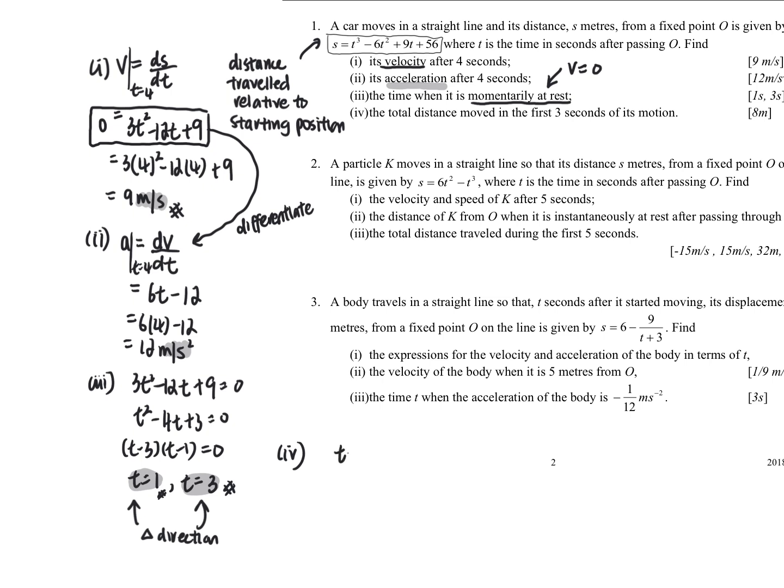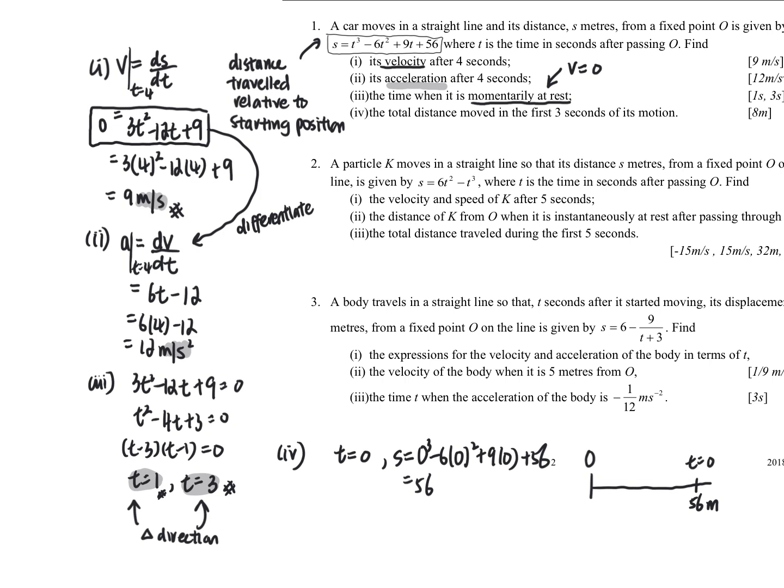So first, we go and find at the start, where is your particle? We cannot assume it always starts at O. We must check. So go and find your displacement when t is 0. So actually what they are trying to tell us is your particle is here. If let's say this is your O, your particle is 56 meters away.